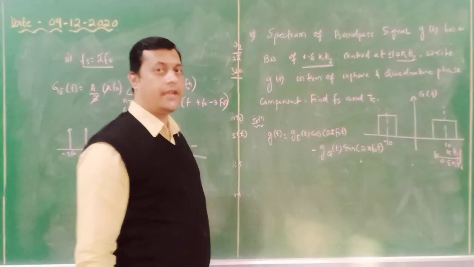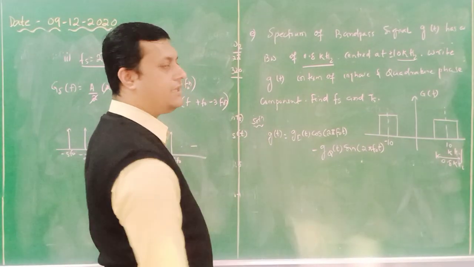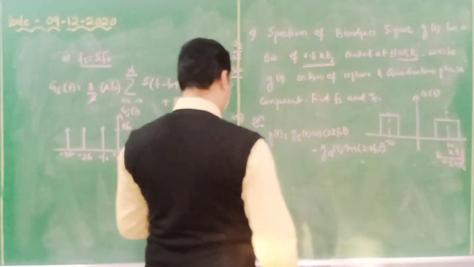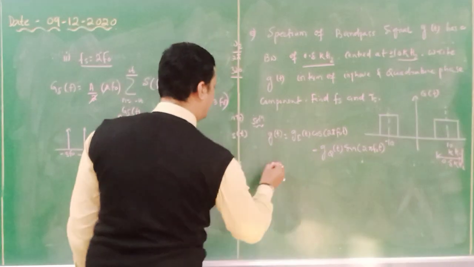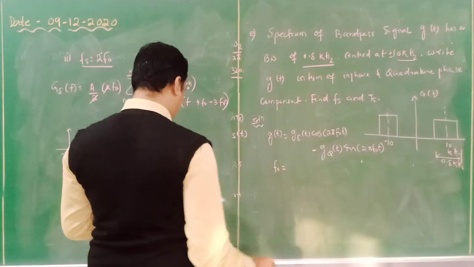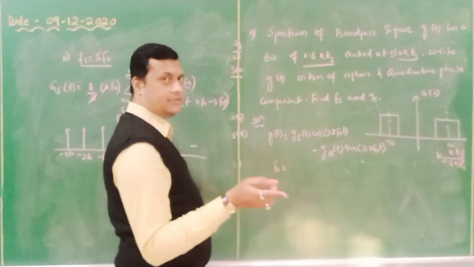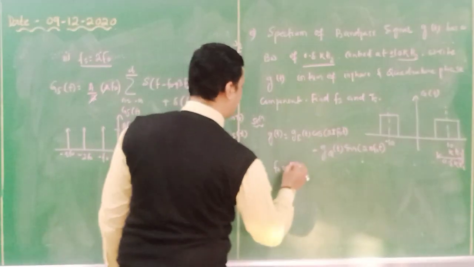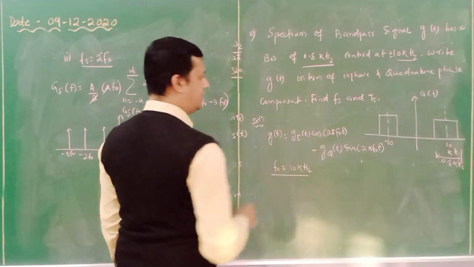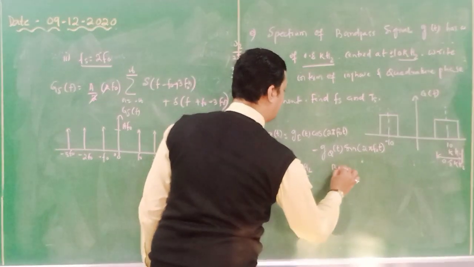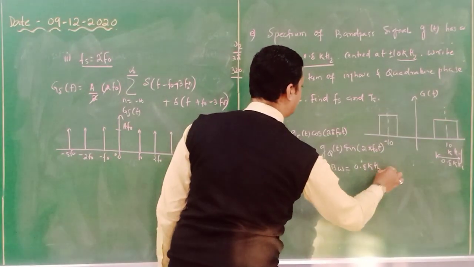So this is the in phase and quadrature phase component with respect to the given data. So now here you can see f naught is how much? 10 kilohertz is given, because that is the center frequency. And the bandwidth is given as 0.8 kilohertz.